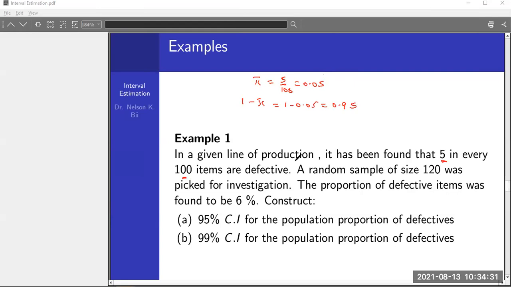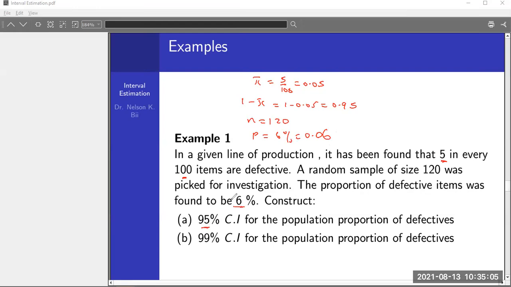Then n is given as 120. Then the sample proportion is the proportion of defective items, found to be 6%, that is 0.06.